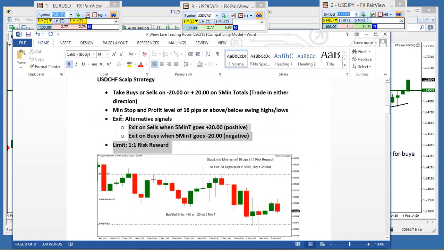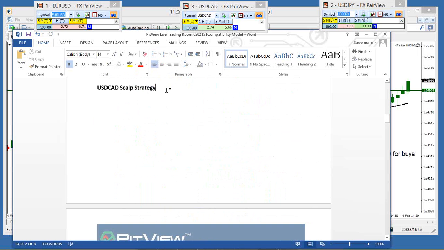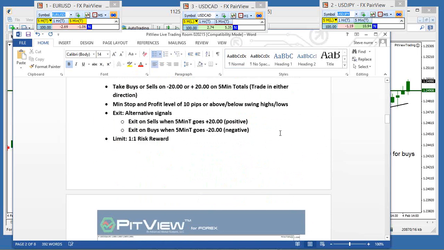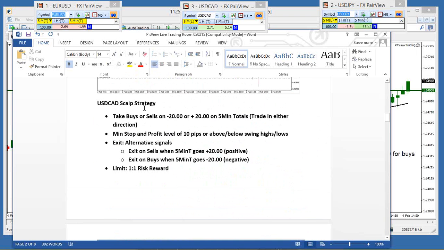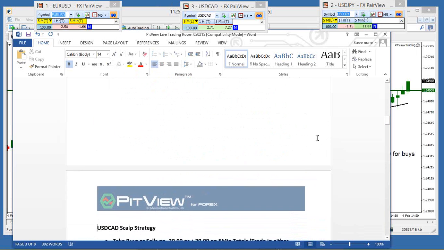And we're going to mirror this so we can copy and paste it, only we're going to change this to 10 pips. And we'll keep an eye on that.